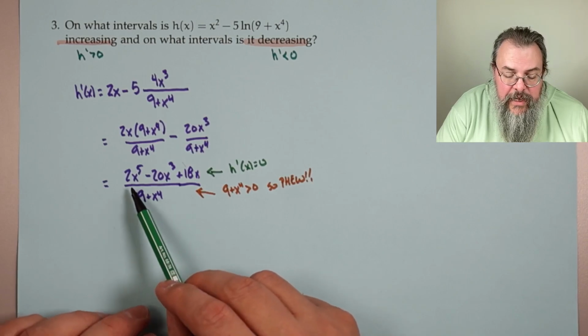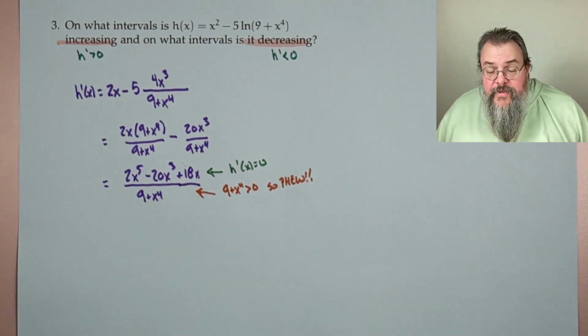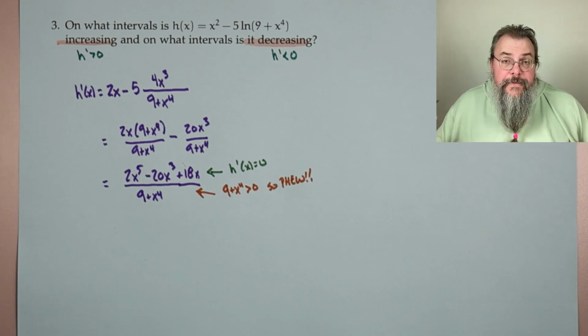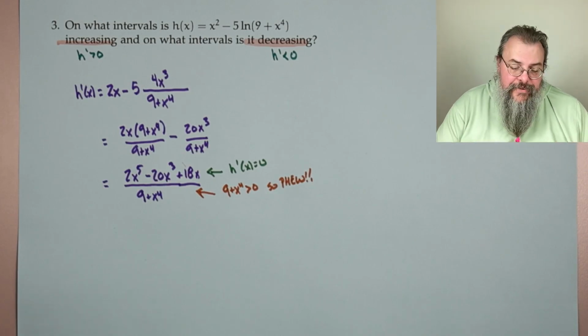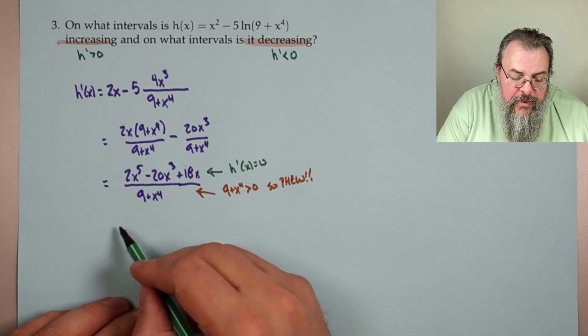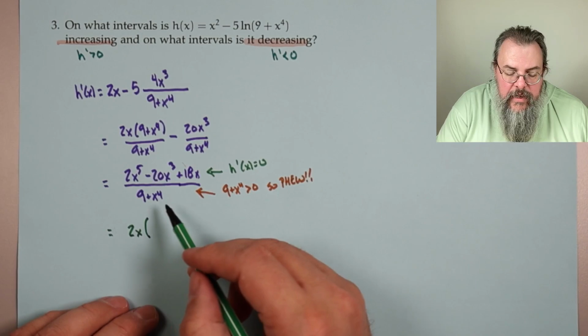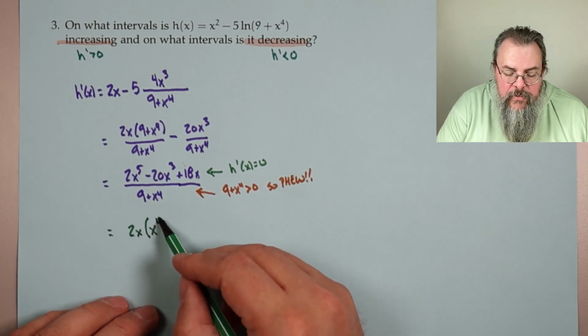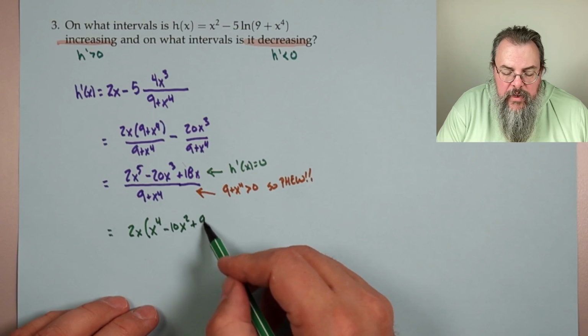We have a 2x to the fifth, a 20x cubed, and 18x, all polynomial terms. They all are even, so we can pull out a 2, and they all have a factor of x. So let's pull out a factor of x. So we have 2x, and we have x to the fourth minus 10x squared plus 9.